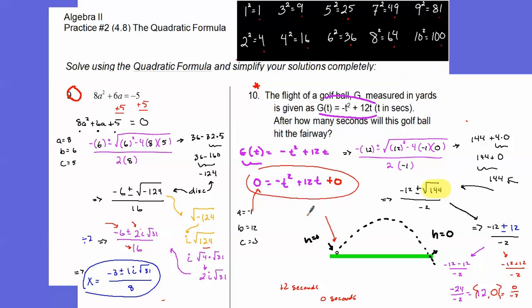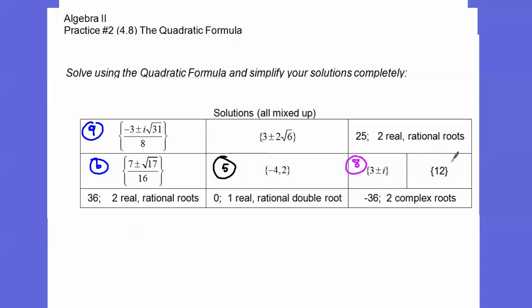Before the ball is hit, we have 0 seconds. But when the ball landed, as time moved forward, seconds are passing, the ball actually lands at 12 seconds. Right here. And that's what we wanted to know. Let's look at our answer bank. And in fact, here we do have 12 seconds as the answer for number 10.